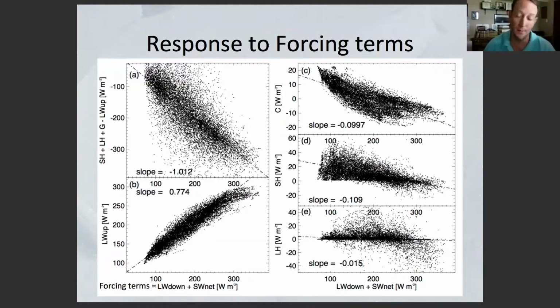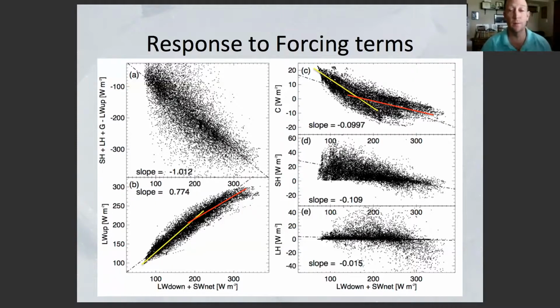You could split this up into different seasons, just showing representative slopes for different parts of the year, where yellow might be parts of the year where you have no shortwave radiation, with the sun below the horizon. You get this steeper slope than during the summer, where you have a shallower response of the longwave up.